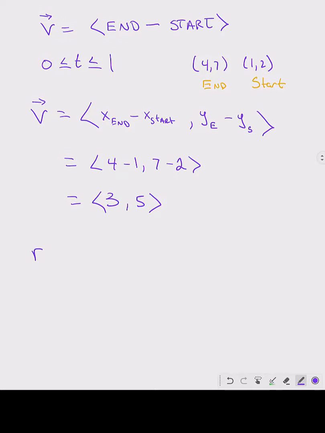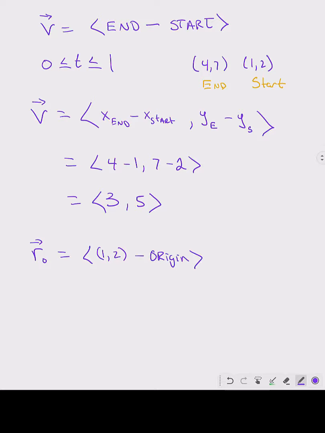And then my r initial vector, what I'm really doing is starting at the origin and ending at the point (1, 2), if I've decided to start there. So I'm ending at the point (1, 2), and the start is the origin.